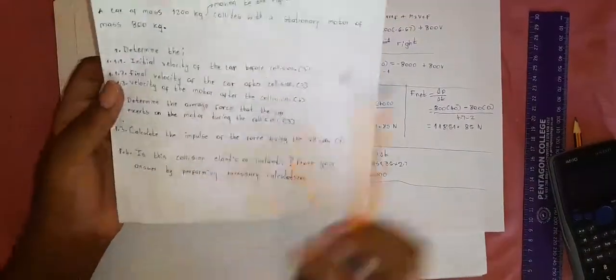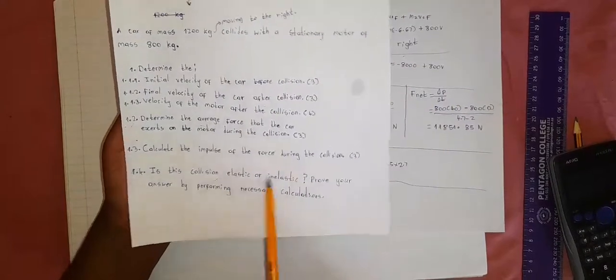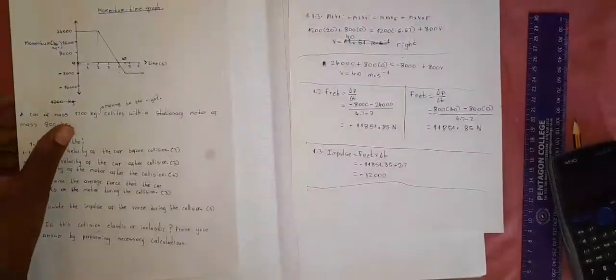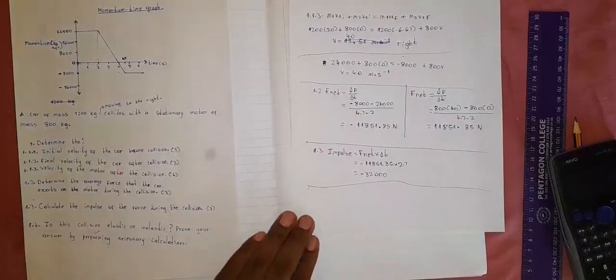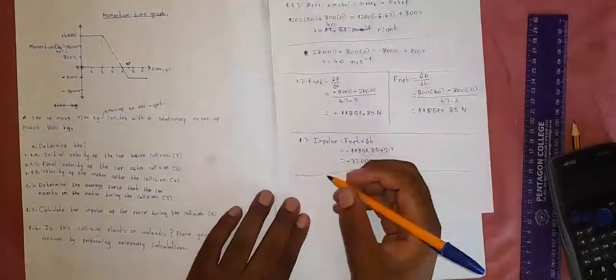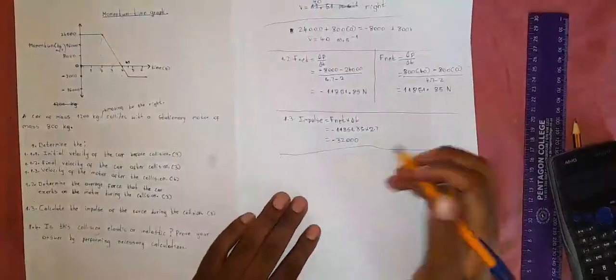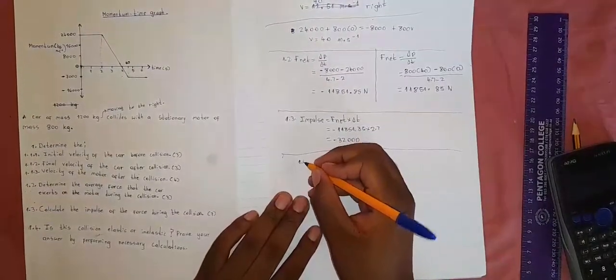So the last question here: is this collision elastic or inelastic? Prove your answer by performing necessary calculations. So we have to determine whether this collision is elastic or inelastic. In the previous video, I showed you how to compare this here. So I'm going to say 1.4.